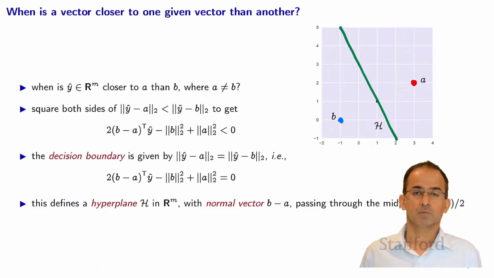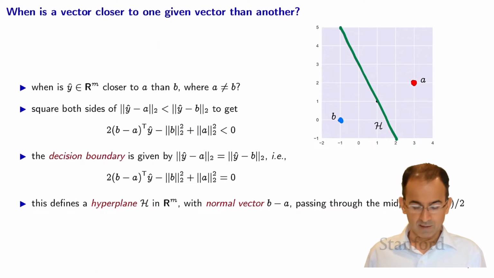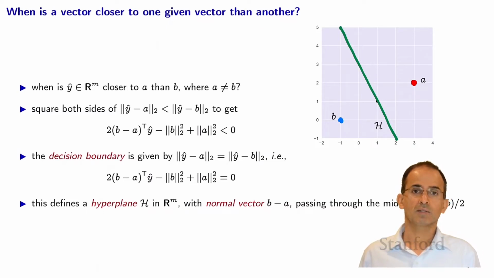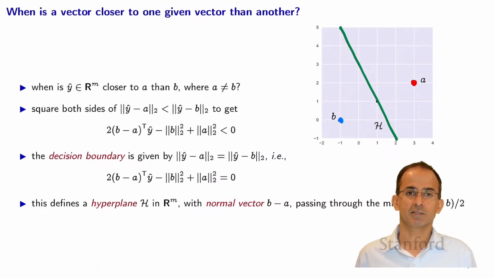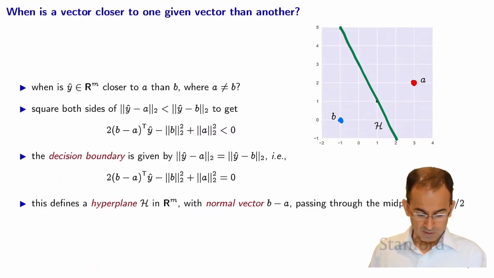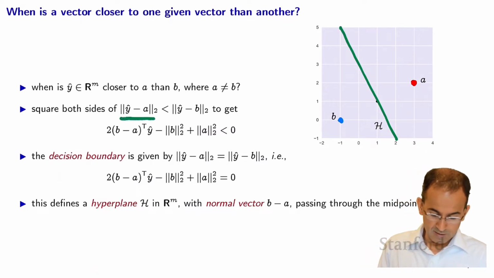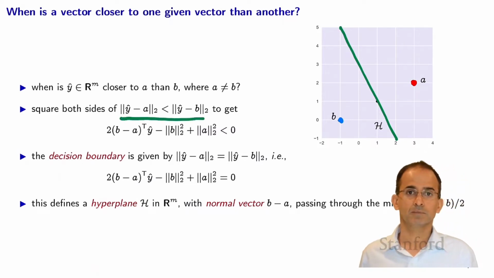And that comes about mathematically in the following way. If I ask when is a vector y hat closer to A than it is to B, well, the distance from y hat to A is just the norm of y hat minus A, and the distance from y hat to B is the norm of y hat minus B. And so we can ask ourselves the question, when is one less than the other? That's this inequality right here.